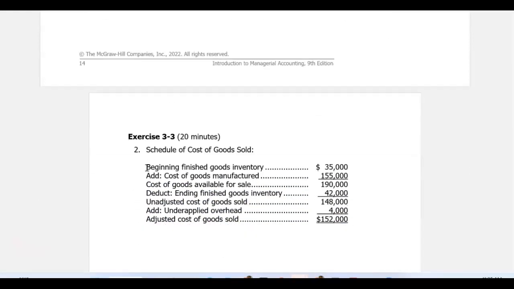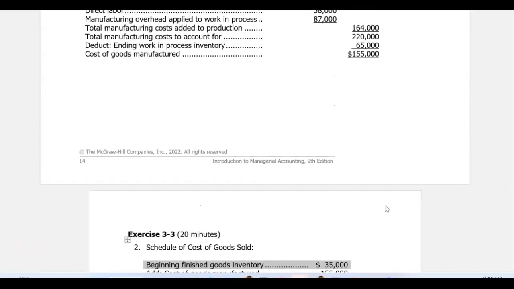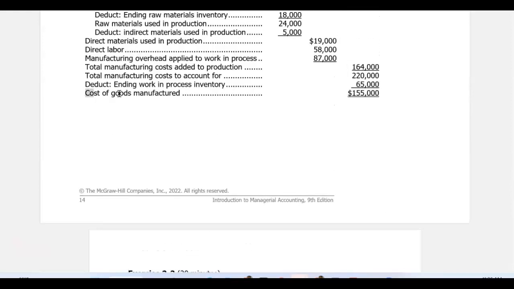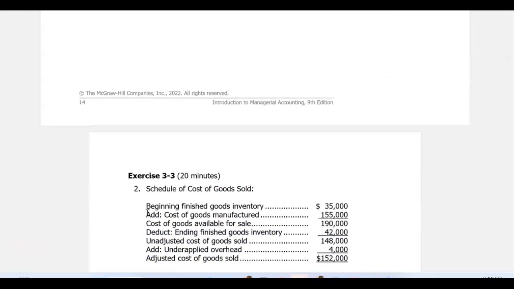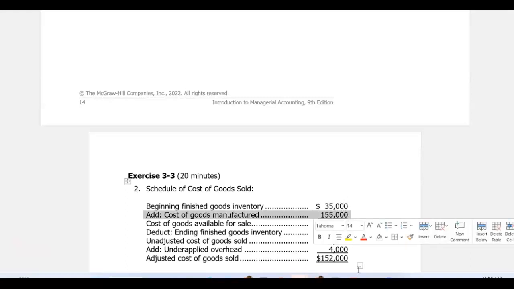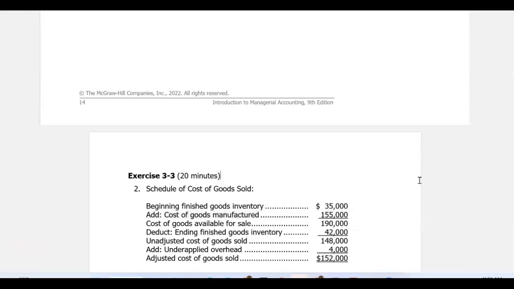Okay, now we say, the finished goods beginning was 35. However, we know this much has been subtracted from work in process and transferred to the finished goods. So here is the added. So here we are doing BAASE again. You see, we are doing BAASE constantly.